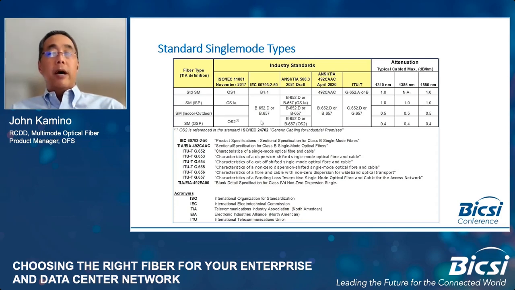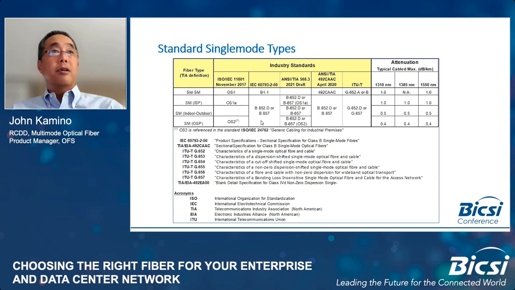On the left, I've talked about the TIA fiber types. You can see the single mode inside plant, single mode indoor-outdoor, and outside plant fiber types. You'll note that in IEC, there's only two fiber types that are defined: the inside plant, OS1A, and the outside plant, OS2.